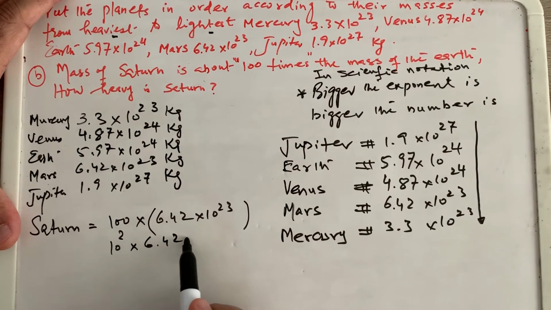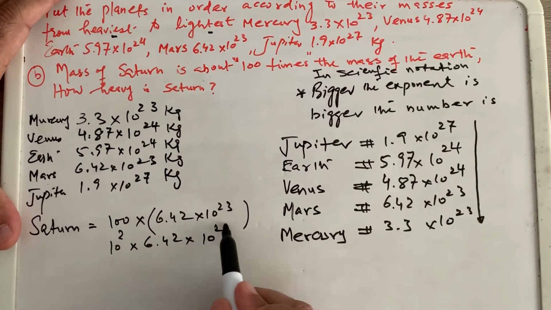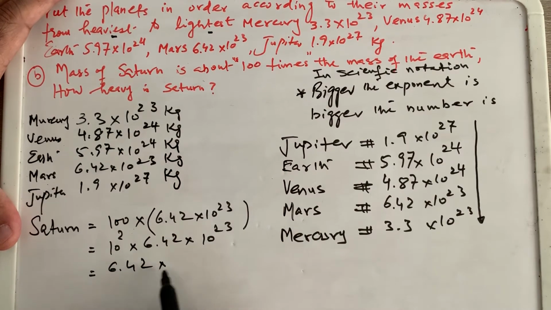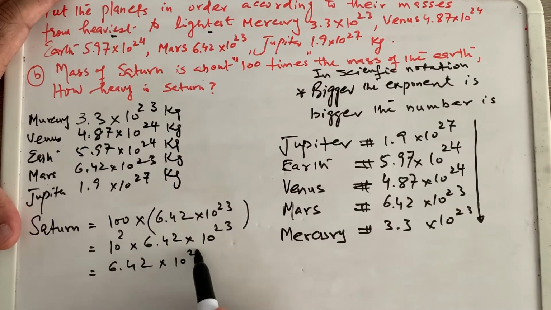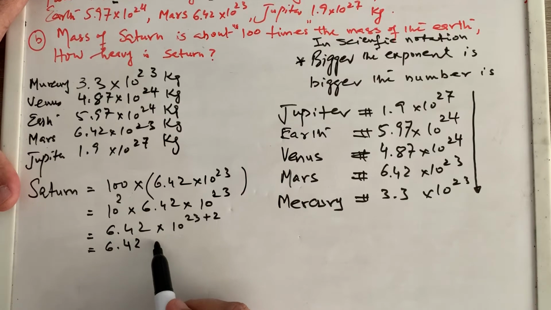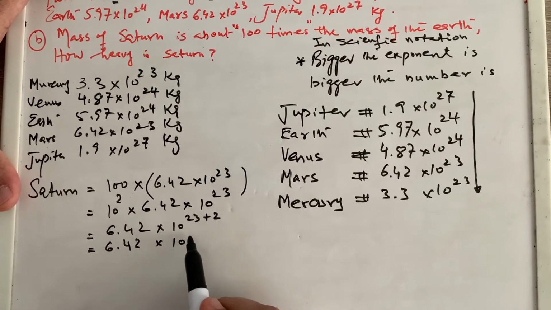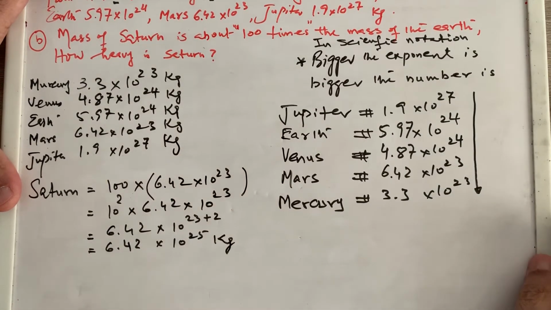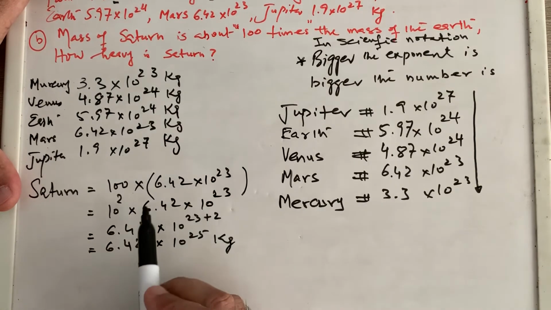What we learn in exponents is that if the base is the same, powers can be added in multiplication. So 6.42 into 10 to the power 23 plus 2 is 6.42 into 10 to the power 25 kg. This is the mass of Saturn, because it is 100 times the mass of the Earth.